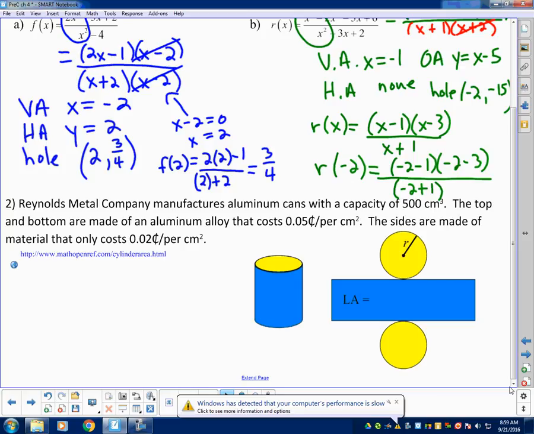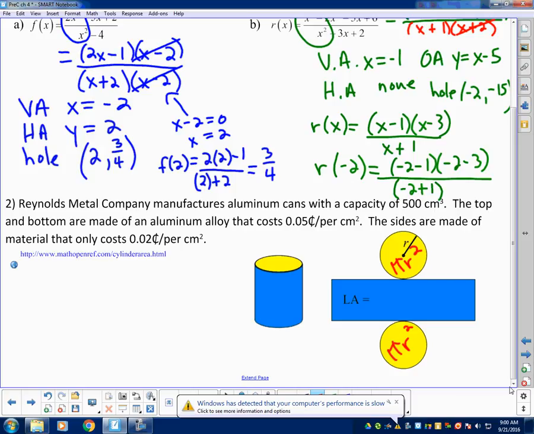So this is made up of 2 of these guys. This is a pi r squared here. So maybe off to the side, on yours it's all grayed out, write pi r squared and pi r squared. So we're going to write an equation to represent the cost of this, which is based on the price times the surface area.